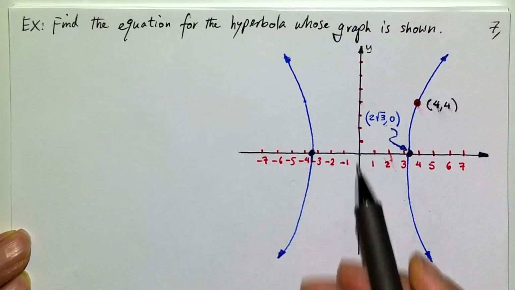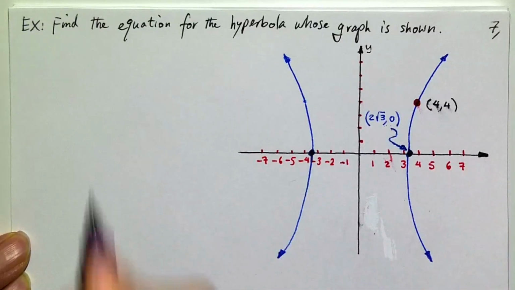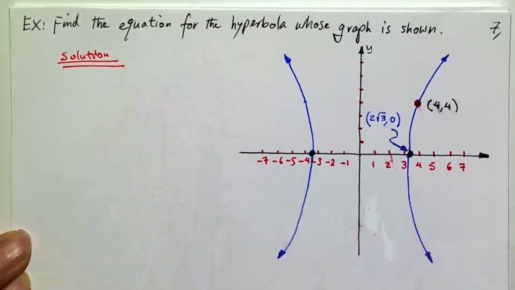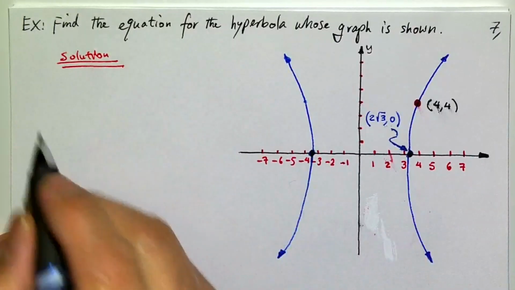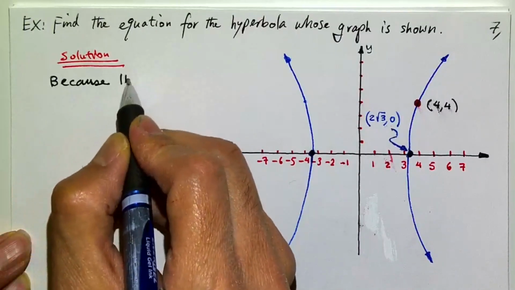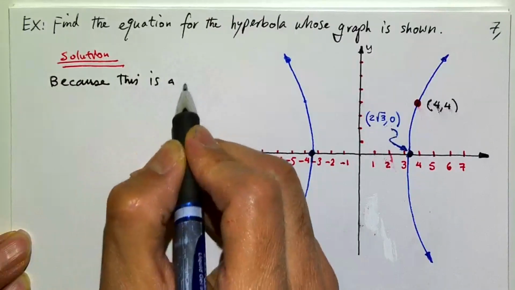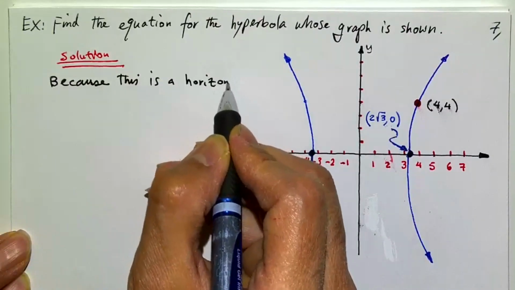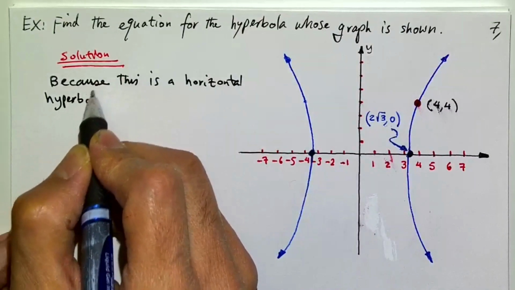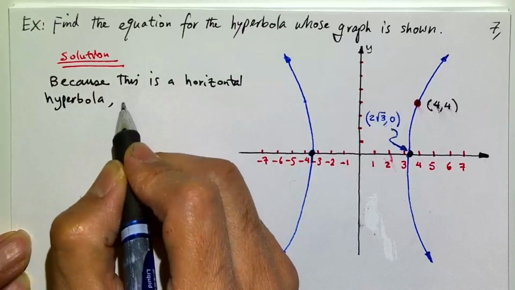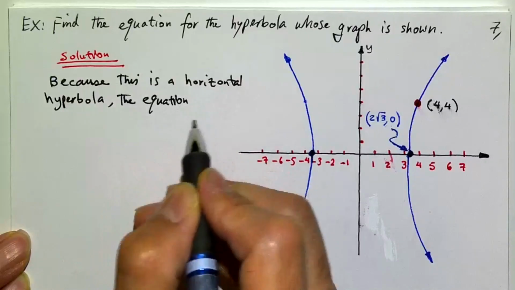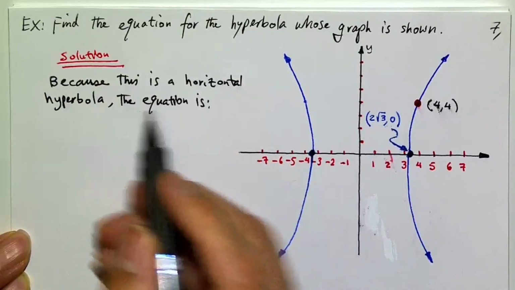And therefore, because this is a horizontal hyperbola, we can right away write a standard equation for it. I should have said the standard equation.